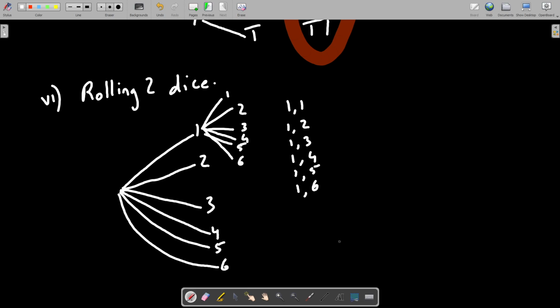So how many possibilities in total? 6 into 6. There are 6 possibilities for the first die and 6 for the second one, so the total becomes 36. You can sit and write this down, but it is going to occupy a lot of space in your books.